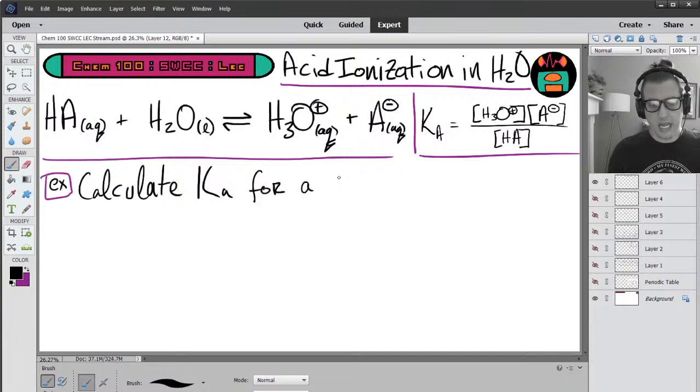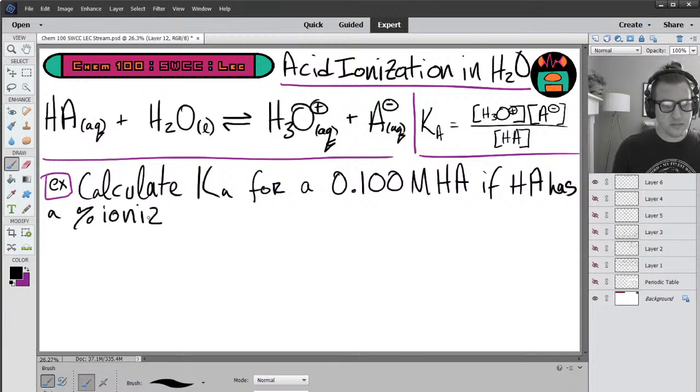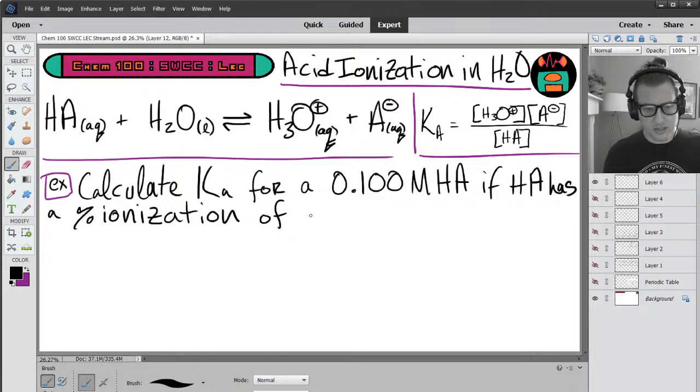For a 0.100 molar solution of HA, if HA has a percent ionization of 25%.